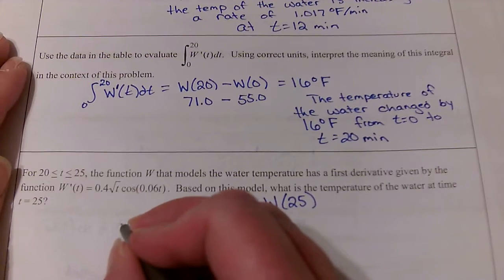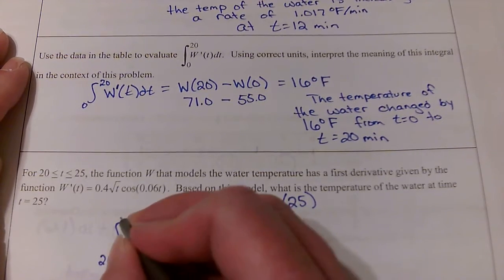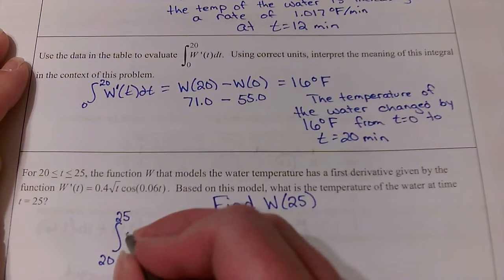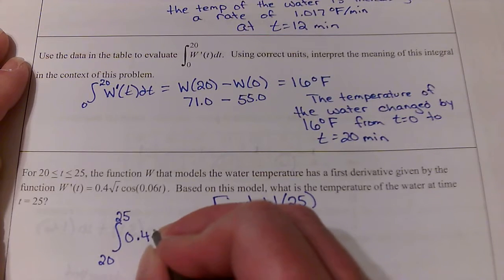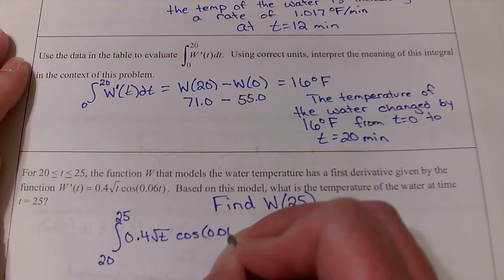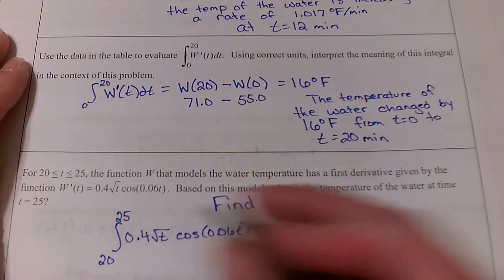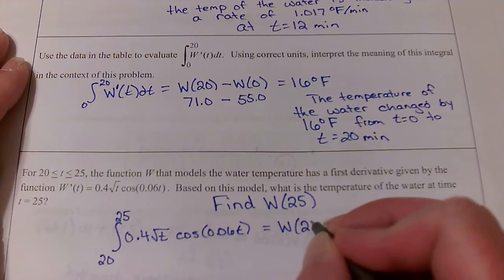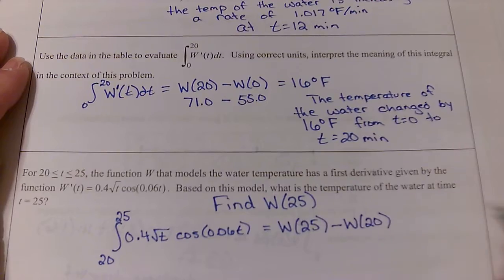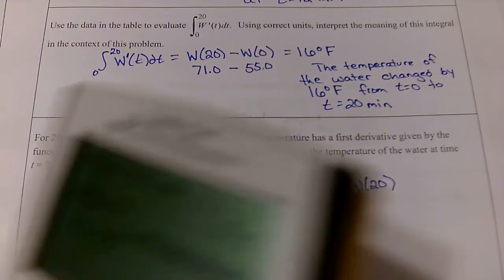So what we can do is use the fact that if I find the integral of this, that's going to give me the temperature at 25 minus the temperature at time 20. Well, I can find this.